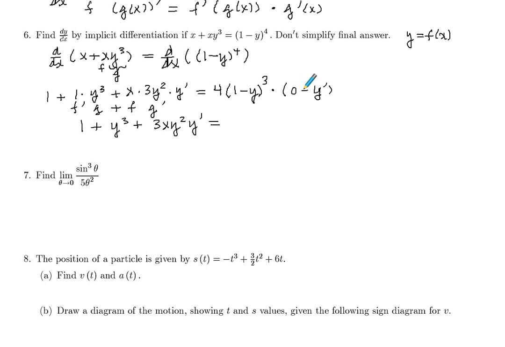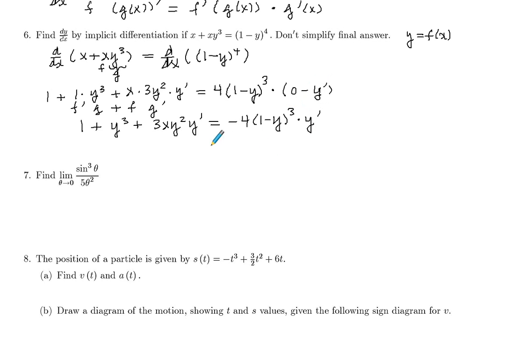This negative sign right here, 0 minus y prime is just negative y prime. That negative sign we can go ahead and pull out in front. So negative 4 times 1 minus y quantity cubed. And then we factored this negative out, so all that's left there is times y prime.